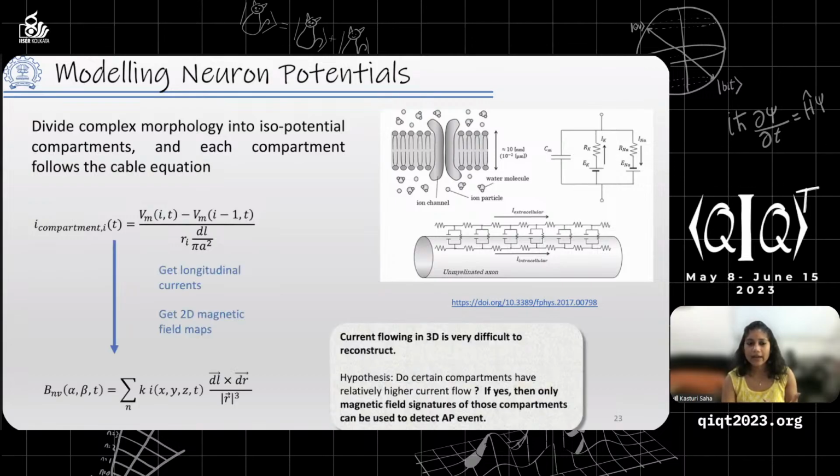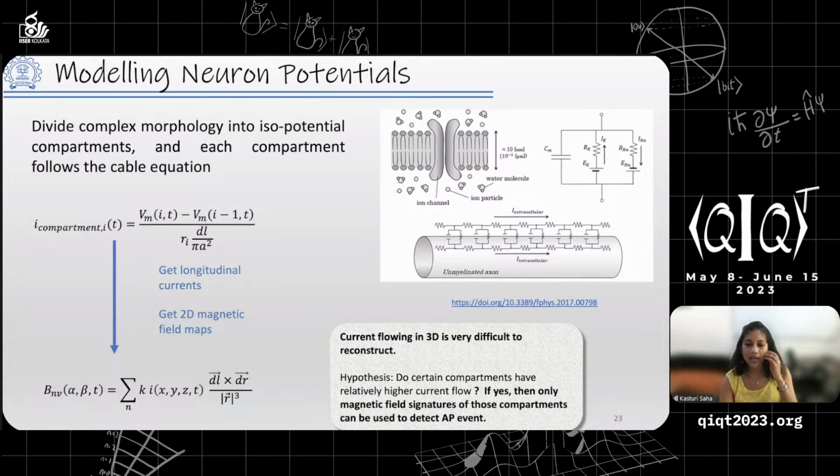And what you can essentially do is calculate the current that is flowing inside a neuron by modeling the ion channels, the sodium and potassium ion channels. That allows you to calculate the current flowing inside a neuron, and from that current you can estimate back what the B field is.